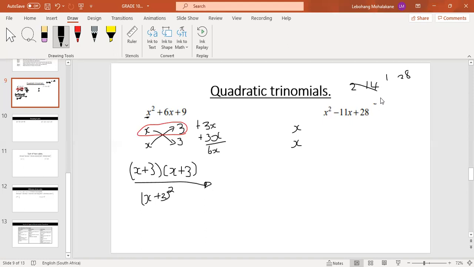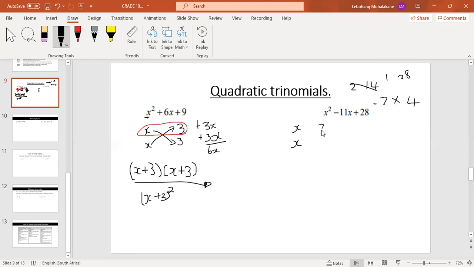So I can have 7 times 4. Yes, 7 times 4 is going to give me 28. If I add 7 plus 4, I get 11.